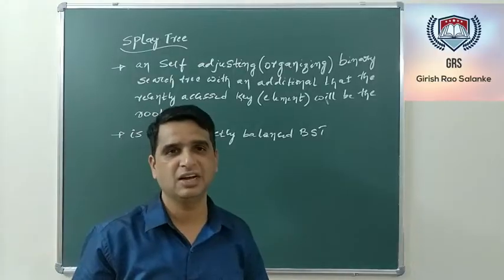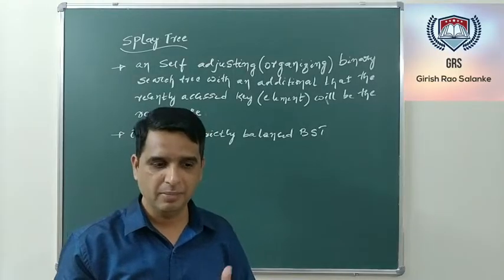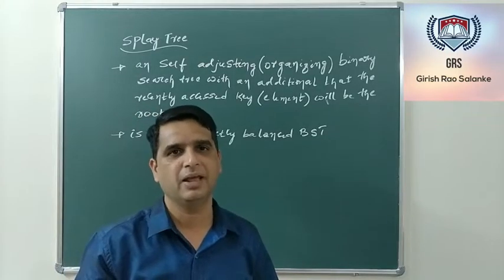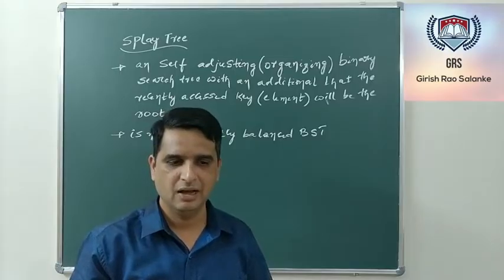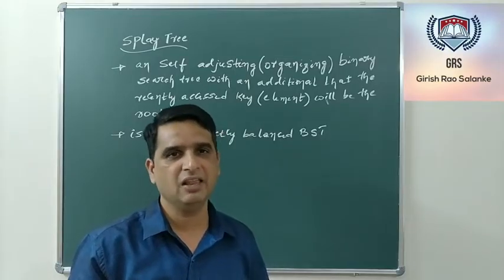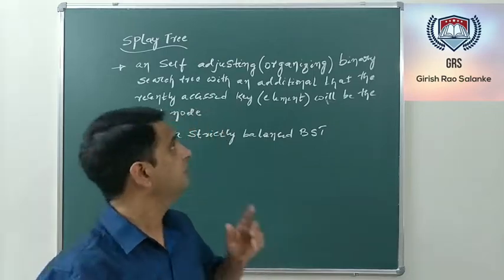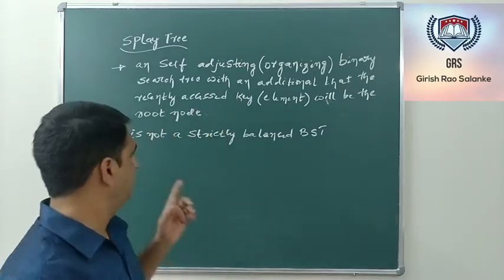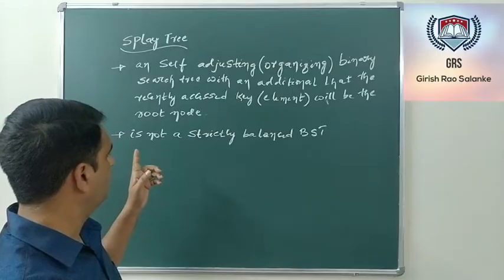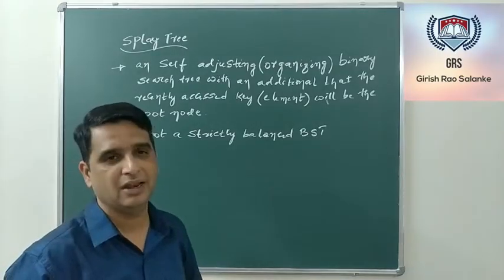What do you mean by a strictly balanced binary search tree? The meaning is that in the worst case, to perform any operation, it takes log n time. Whereas in the case of a splay tree, as I have told, it is not a strictly balanced binary search tree.